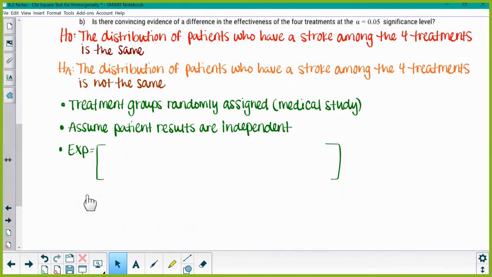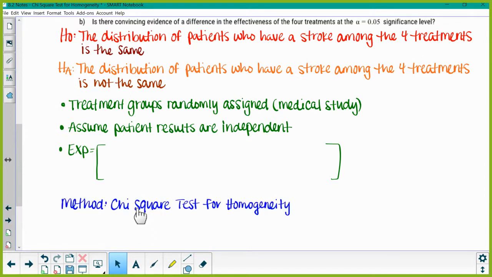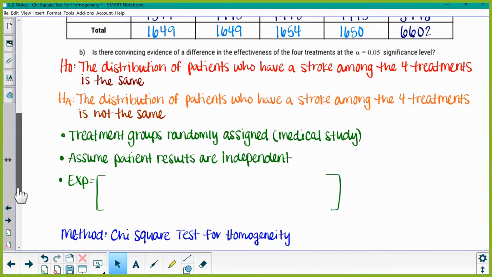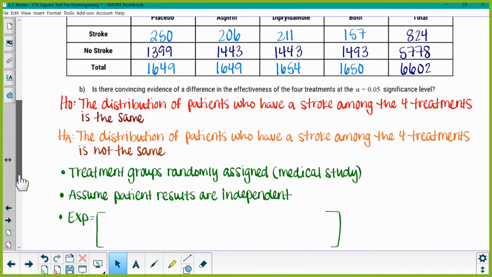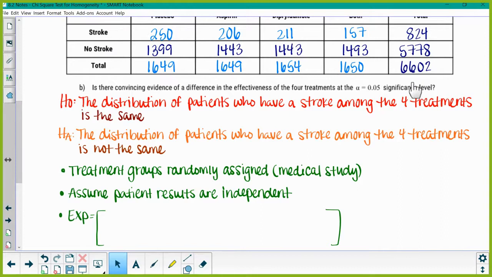I'm going to name it chi-square test for homogeneity, wherever it may be. There we go. And I'm going to determine what needs to go into my matrix. So I'm going to come back to my data, and remember, total columns do not matter.